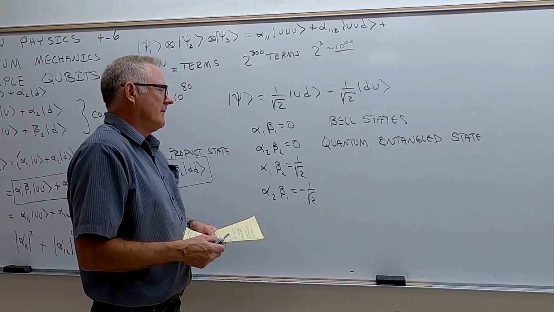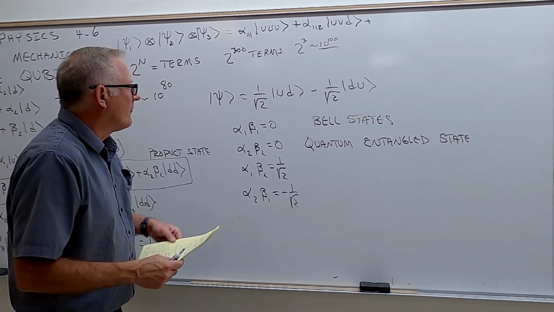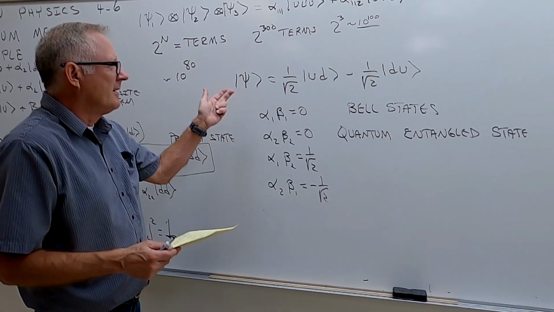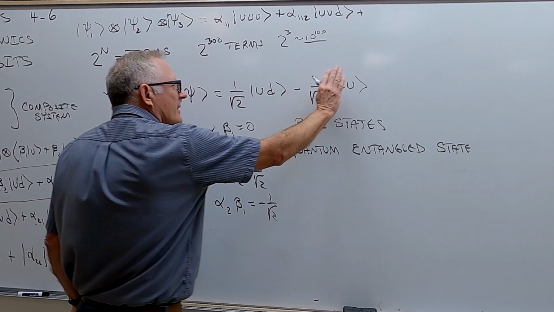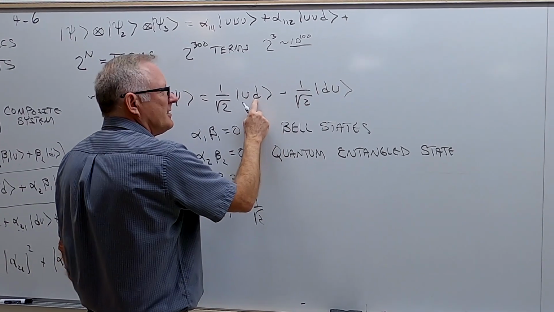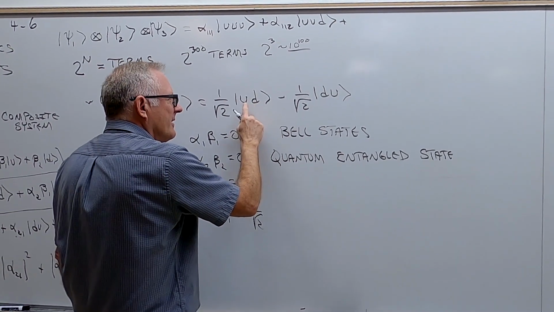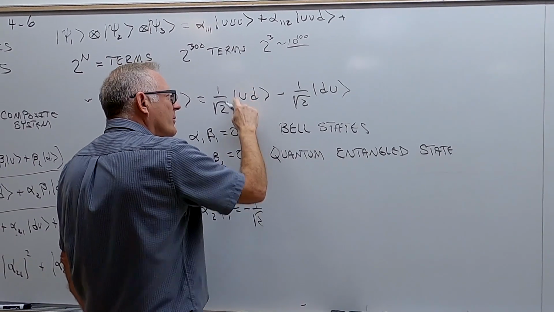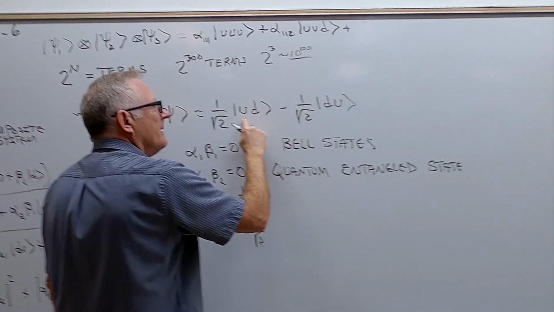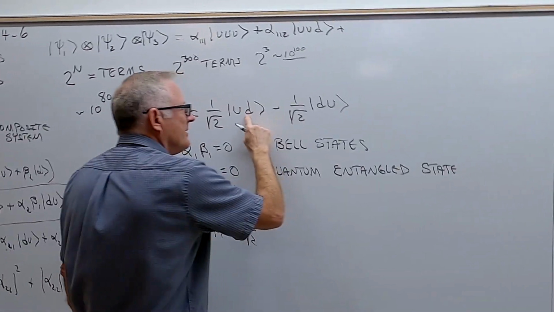You'll notice if you measure the first one here and you get up, well, then the second one has to be a down, because there are no ups right here. There's only an up and a down. So whatever you measure the first one, the second one has to be the down.